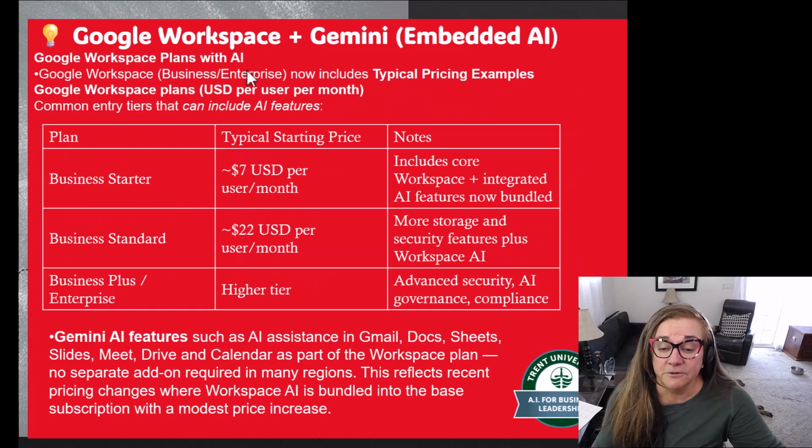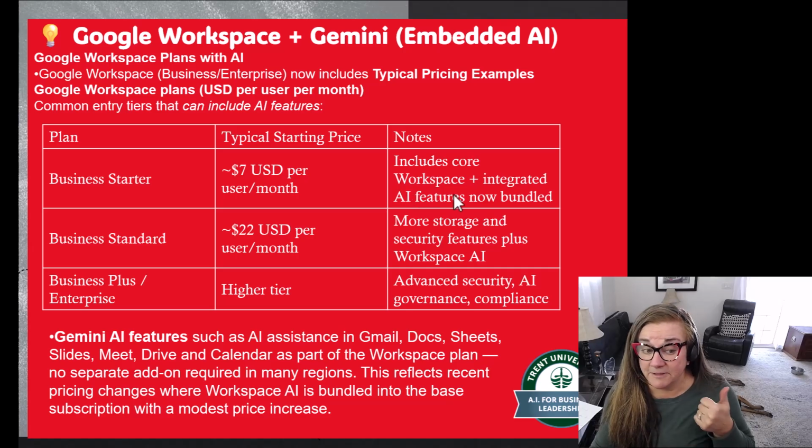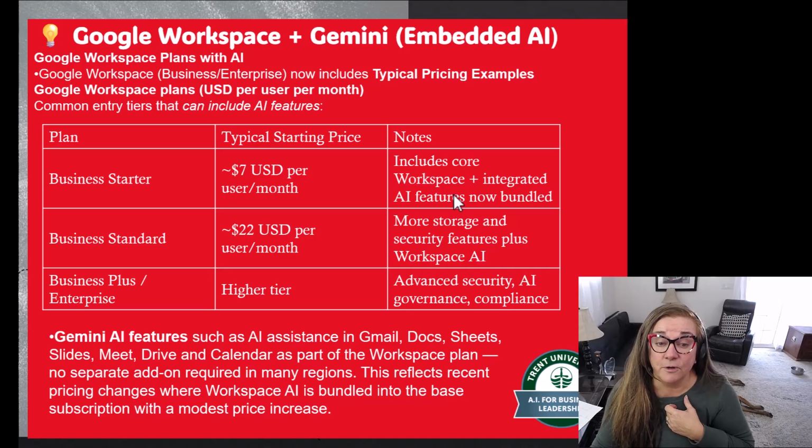So in Google, if you're a Google company and you have Google Starter, your typical plan is $7 per month US, which isn't too much, and that will integrate your Google features with AI. So that's really cool. And then your business plan, which I think is new, because I know I started paying around this one right off the bat, gives you more storage, more security features.